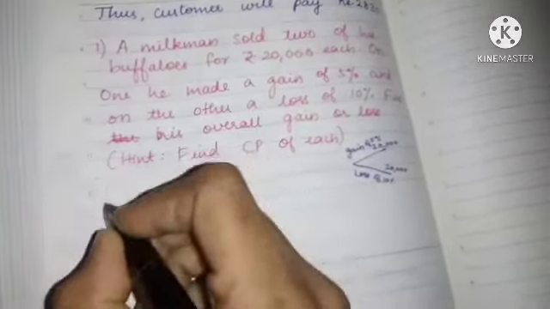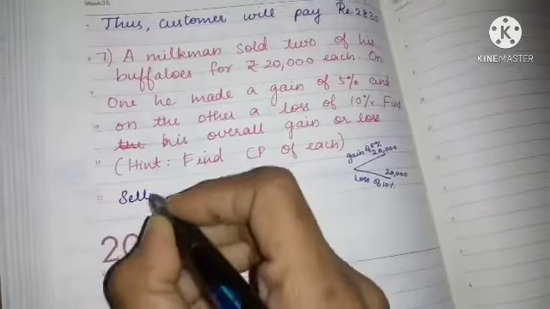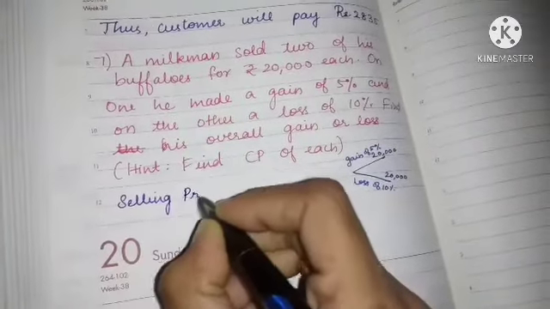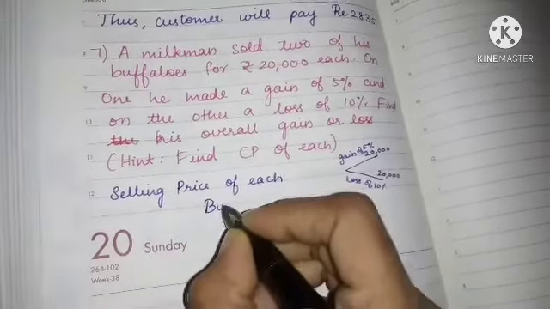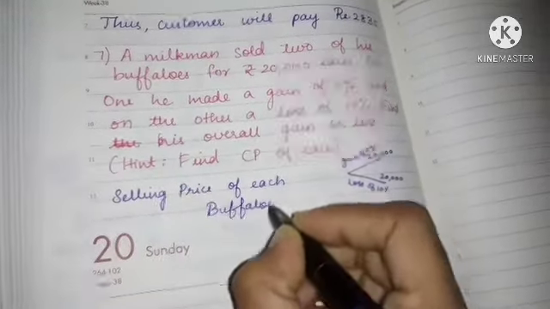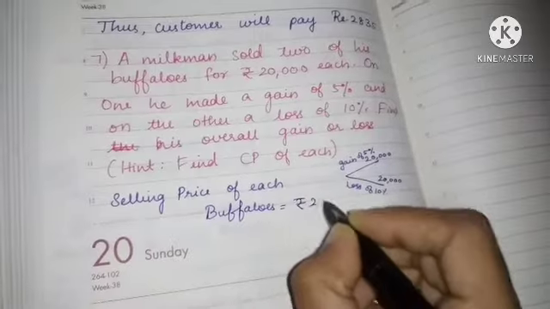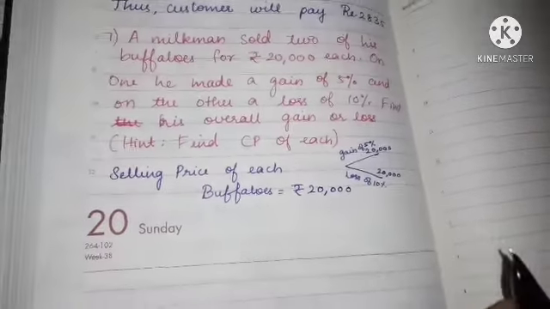Okay. So first, selling price of each buffalo is equal to rupees 20,000.